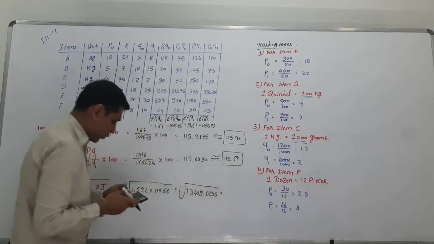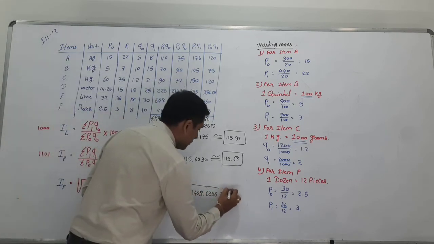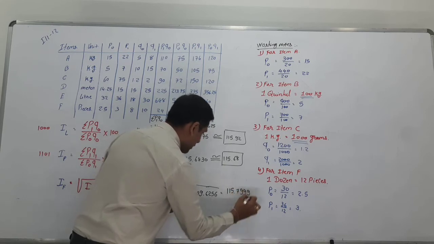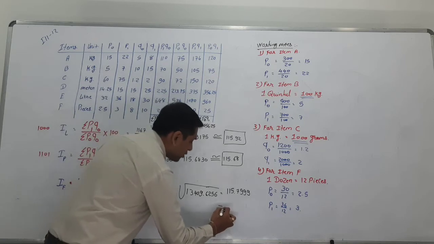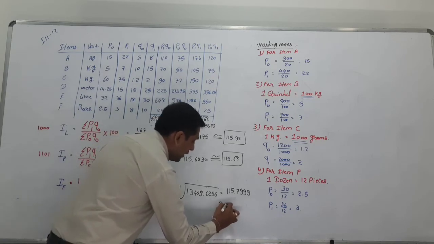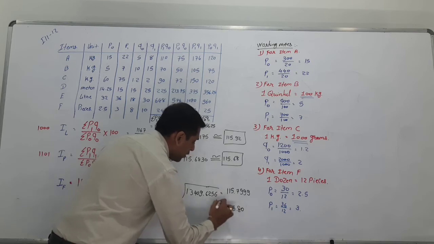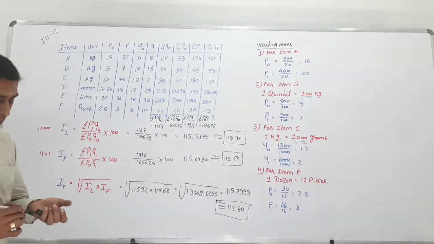And what is the square root of that? It is 115.7999. Right? So here we can write the approximate answer of that is 115.80. Here is the last answer, that is IF.